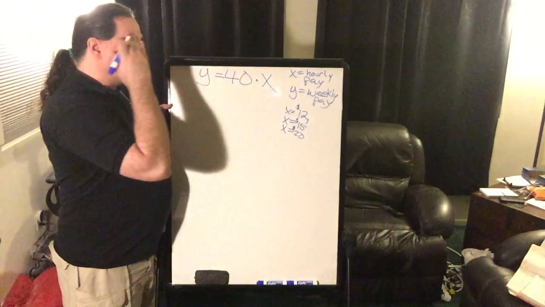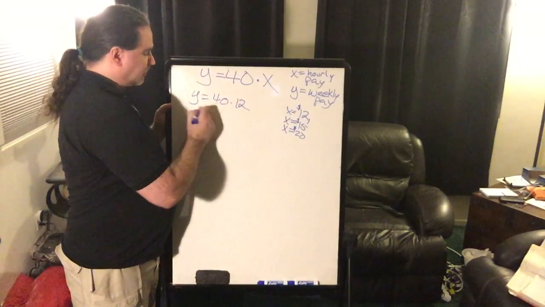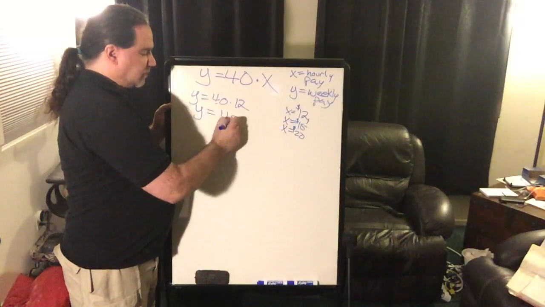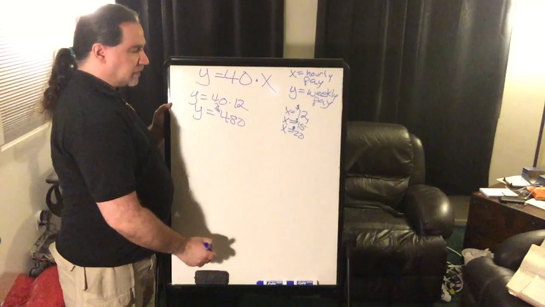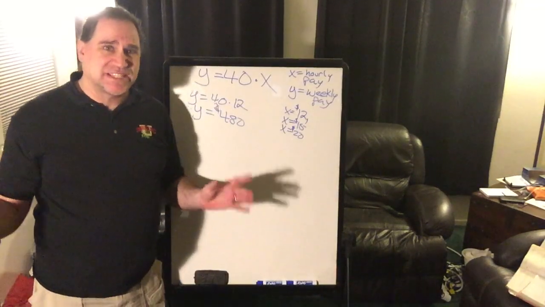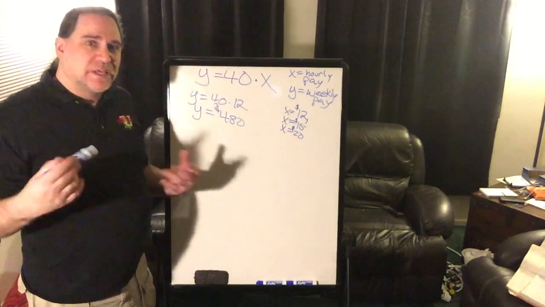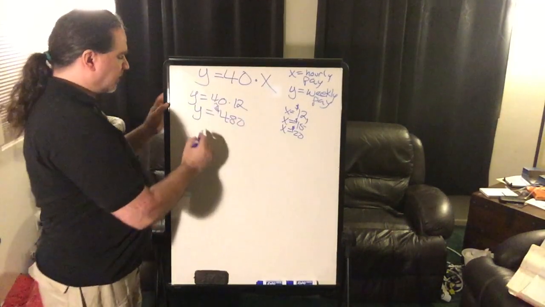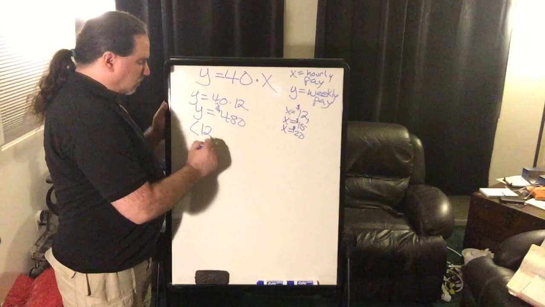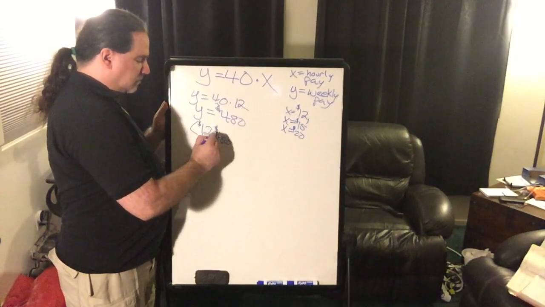Well, I just plug it in one at a time. y equals 40 times 12, and 40 times 12 is $480. That's one week. And I can write this now as an ordered pair, and we'll see this in the next lesson as well, because it's just too important. I thought I'd give you a little intro, and then we're done with it. So $12 an hour is $480 a week.